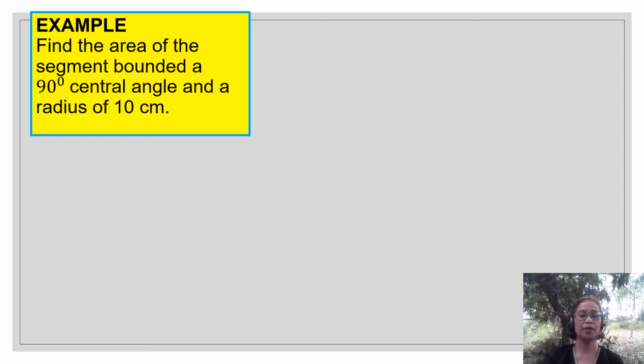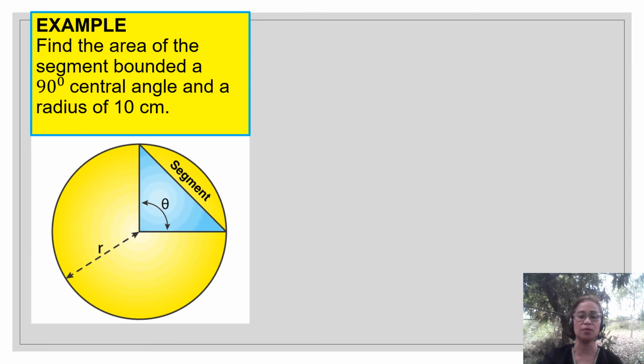So let's have our first example in how to apply the formula in finding the segment of a circle. Find the area of the segment bounded by a 90-degree central angle and a radius of 10 centimeters. To illustrate this, we have here this blue area for the triangle and this part, which is the segment. Our radius is 10 centimeters and the central angle is 90 degrees.